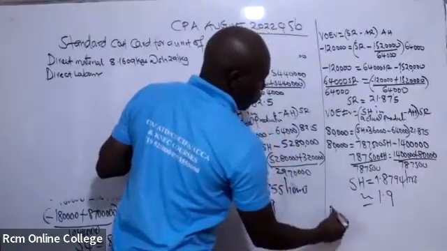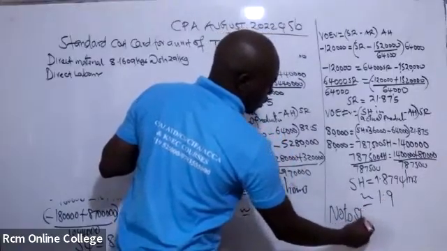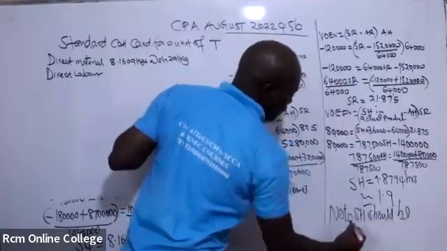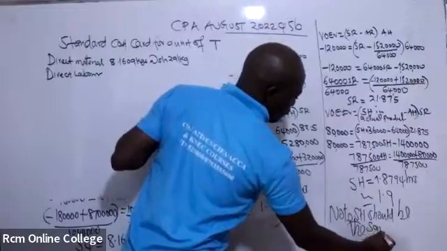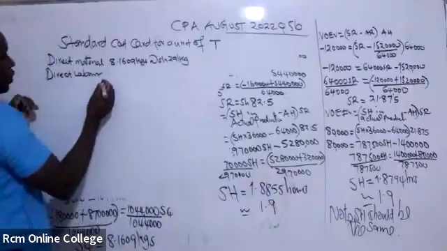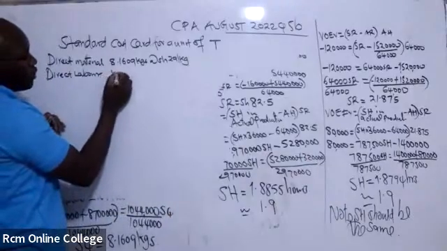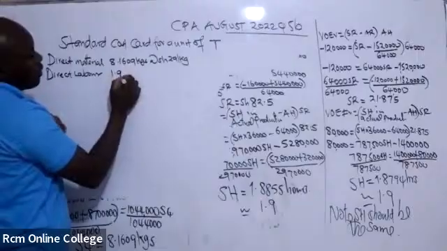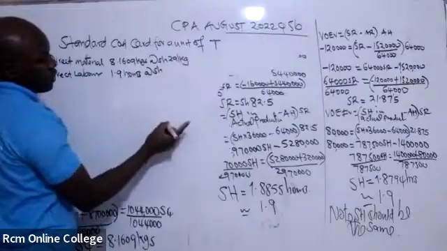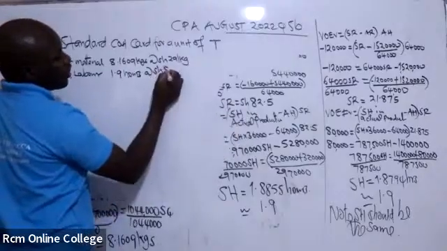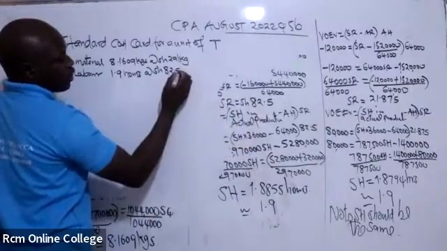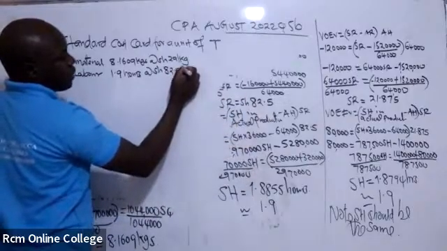Note, standard hours should be the same. So we are going to use the rounded off figure, that is 1.9 hours. 1.9 hours are needed. The standard rate is 82.5 per hour for labor.